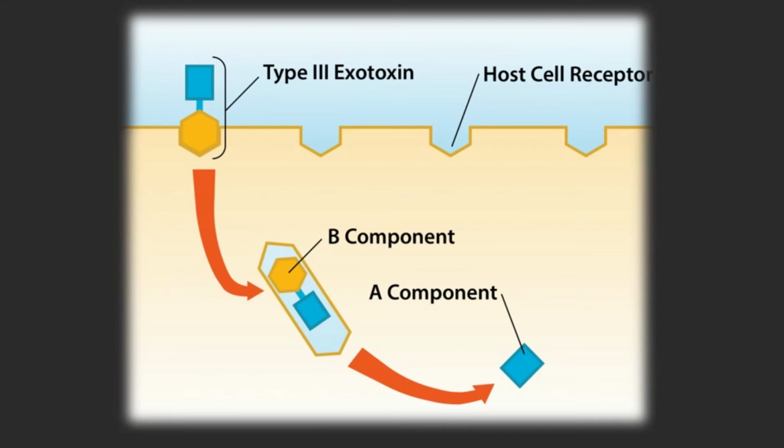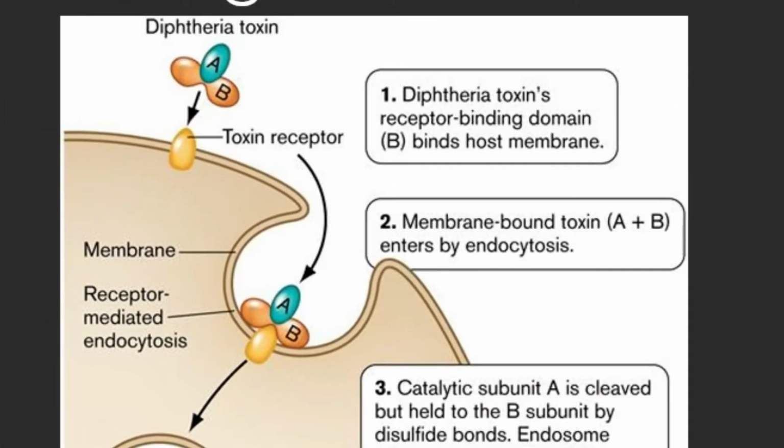And there are all sorts of AB toxins that you could look at. We're going to look at two today. The first of those is the diphtheria toxin, which is found in only pathogenic strains of Corynebacterium diphtheriae.